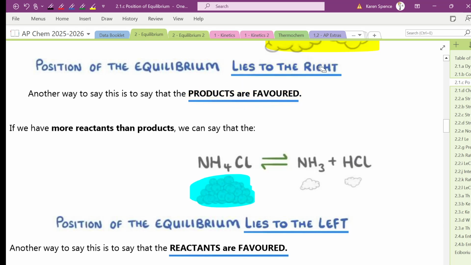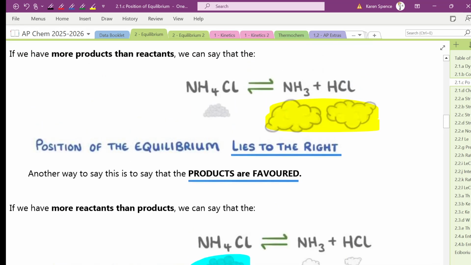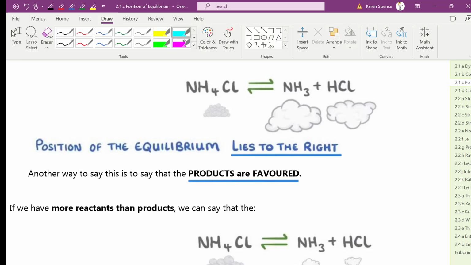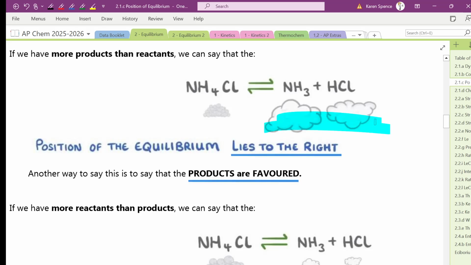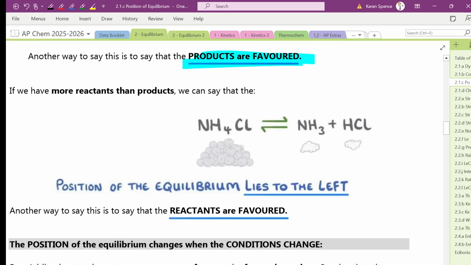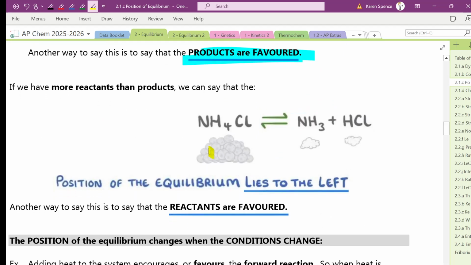That's bad. This should be blue. So at least I'm consistent between my blocks. You guys probably don't care, but I do. Lies to the right, products are favored. And if we have more reactants, the position lies to the left and the reactants are favored.